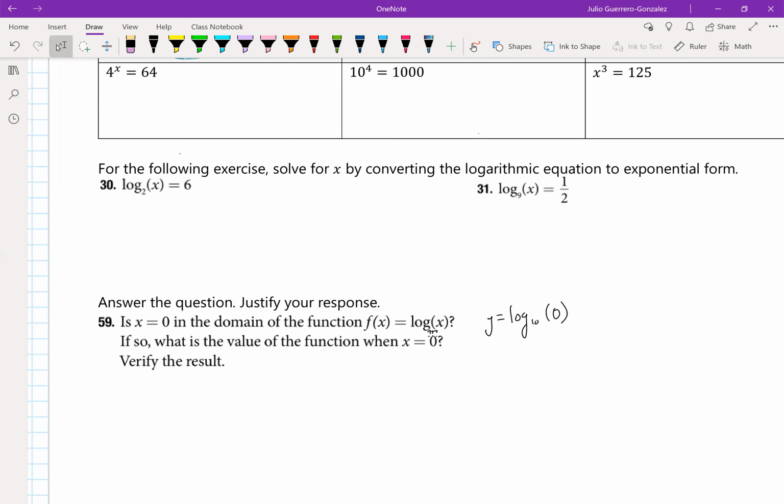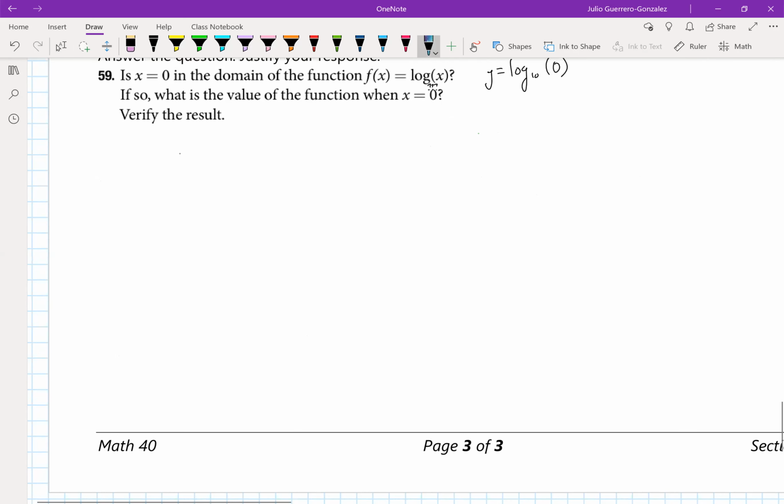Would it be x to this x squared? So remember the conversion, I'm going to write it down here. a to the b is equal to c. You can convert that to log base a of c is equal to b.